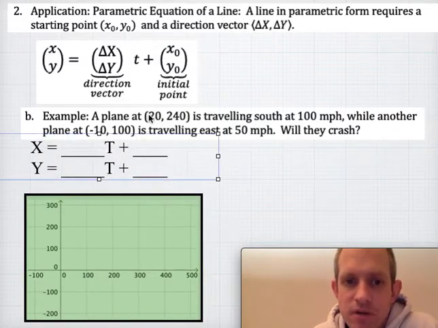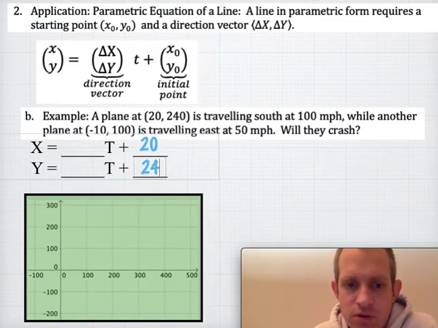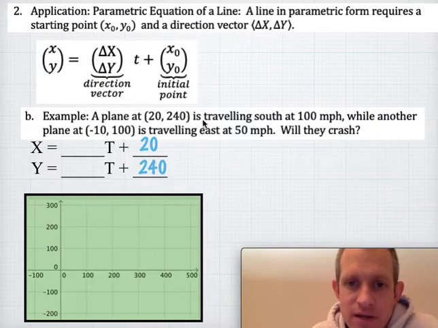So first, if we take this first plane that starts at 20, -240, we can put that location in, 20, -240. I can make that a little bit bigger. Oops. There we go. And we know that it is traveling south at 100 miles per hour.